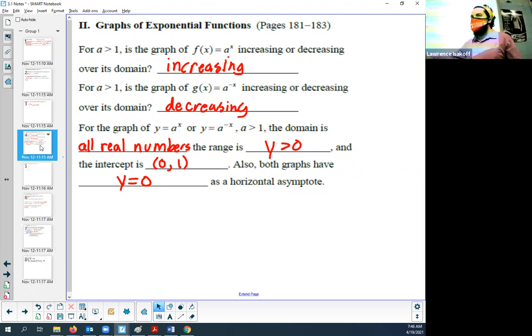So that negative will make it a decreasing graph. The positive will make it an increasing graph.